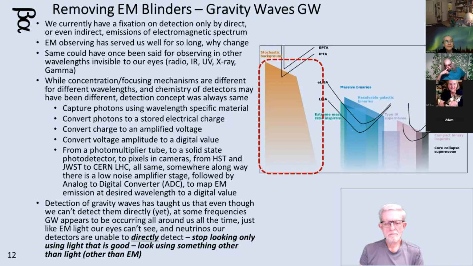That's amazing. It's like a new window in the science that wasn't even thought about before, other than as mathematical proof. But we're actually moving from direct detection of electromagnetic radiation to indirect detection of gravity waves by way of electromagnetic radiation.